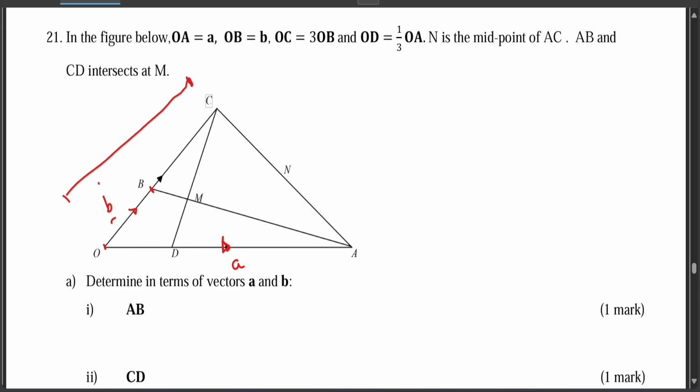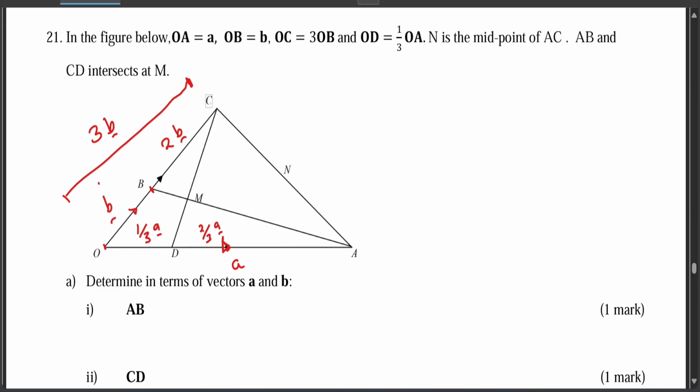So if OB is B, OC is 3B, so this shows that BC is 2B. And OD equal to a third OA. That means if OA is A, OD will be a third of it, so it's a third A. So therefore DA will be 2/3 of A.